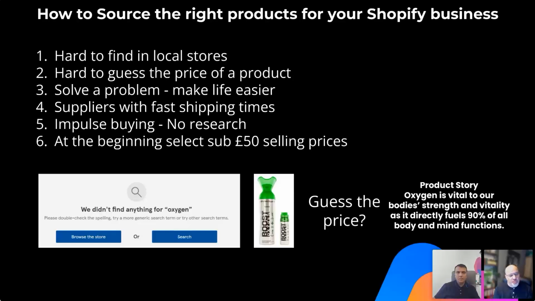Suppliers with fast shipping times is number 4. This particular supplier, for instance, and a lot of our suppliers, as Tejas mentioned, are all in the UK, and they deliver within 2 to 3 days. Impulse buying: if you can get that story across, you don't need anyone to make a second decision.